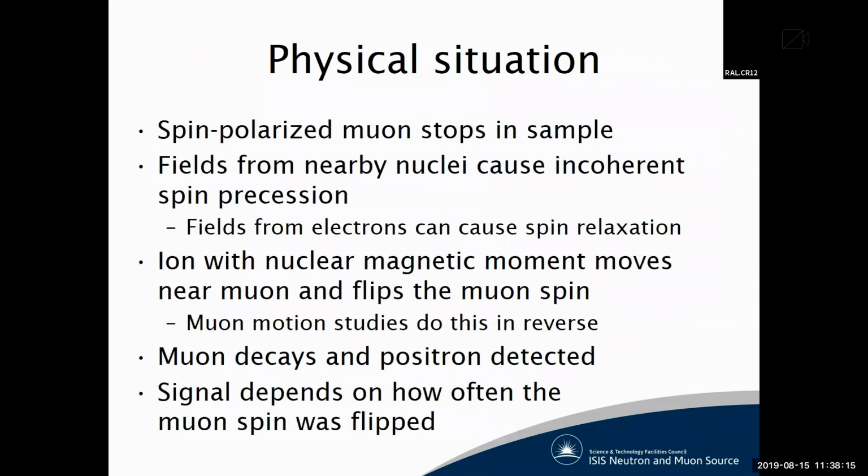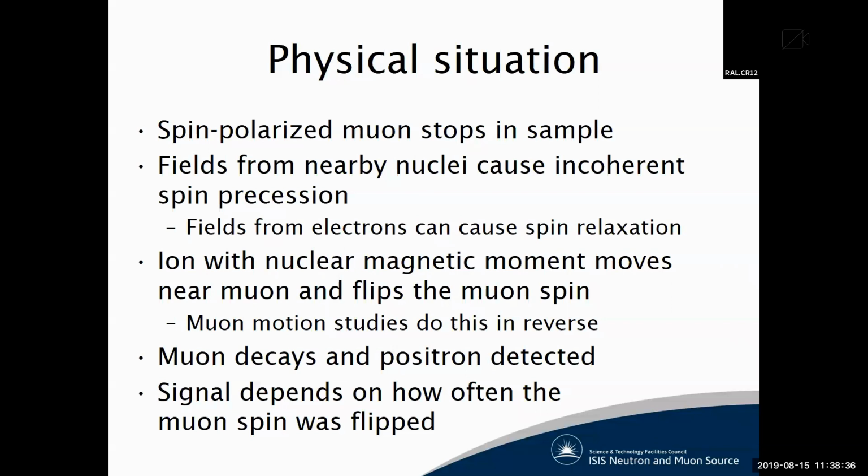If you're studying ionic motion, you hope the ion near the muon will move, and as it moves, the muon spin will be flipped. Of course, if you're studying muon motion in a system where there are nuclear moments, that's kind of the same but in reverse. And then eventually the muon is going to decay, and you'll see a positron.